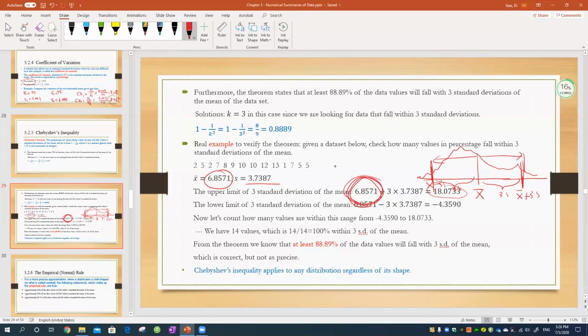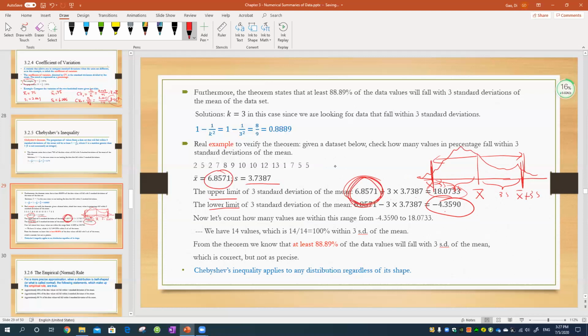And now for this example, we can also calculate the lower limit. The lower limit is 6.8571 minus 3 times 3.7387, which is negative 4.3590. So from this value to this value, that is actually 3 standard deviations of the mean, left or right.